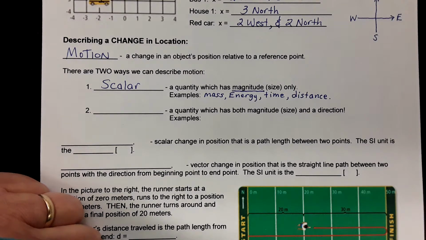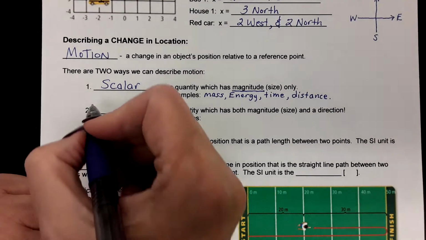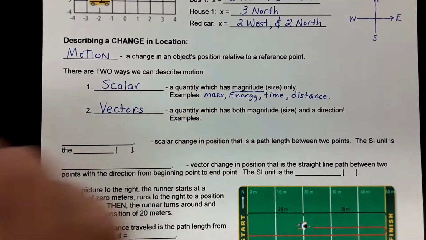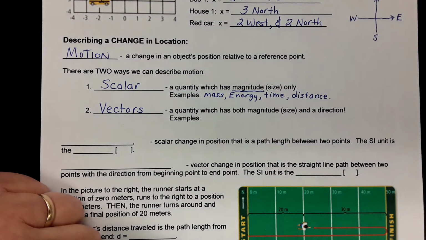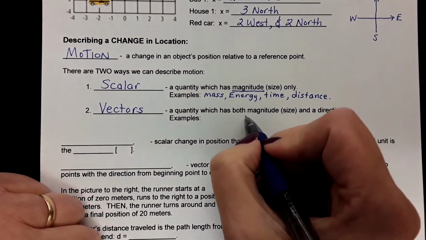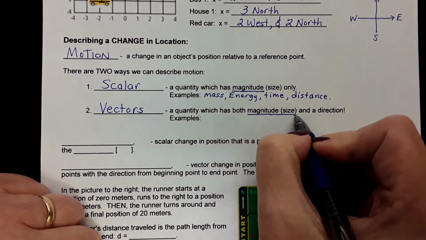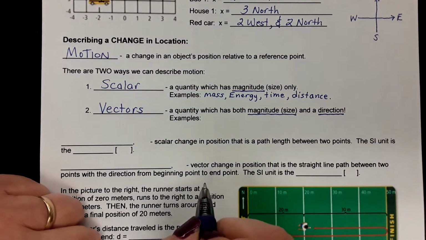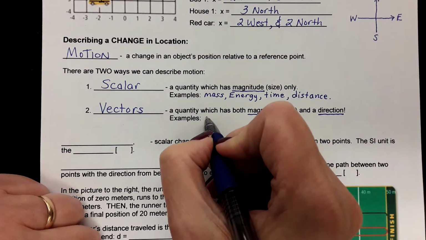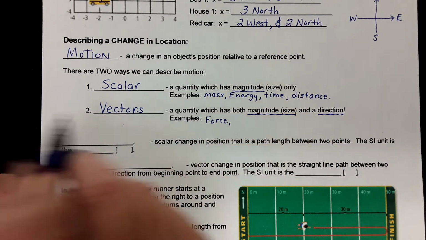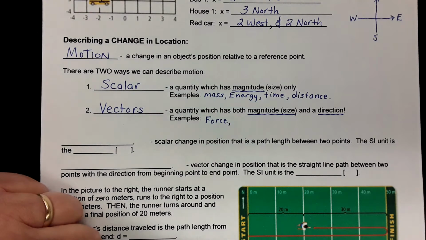Now, some quantities are not scalars, they're vectors, and we can also use these to describe motion, but they're a little more involved because a vector is a quantity that has both magnitude and a direction. For example, force is a vector quantity. Now, as you know, a force is a push or a pull.